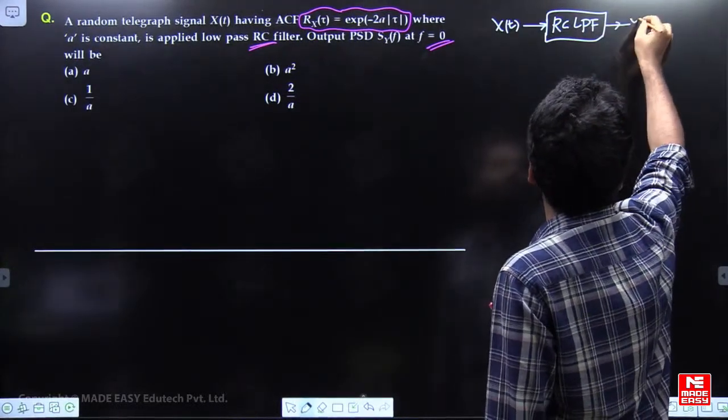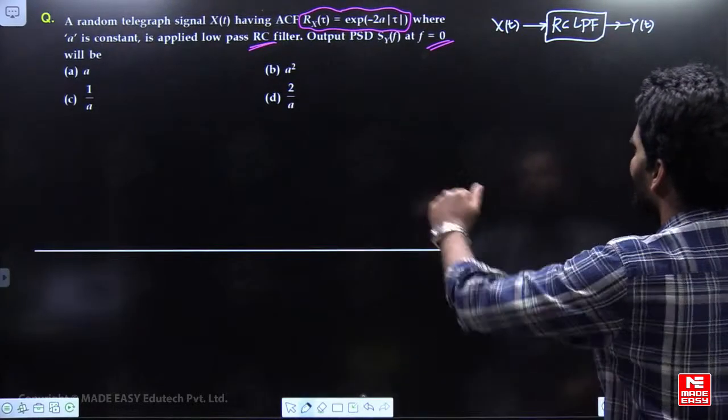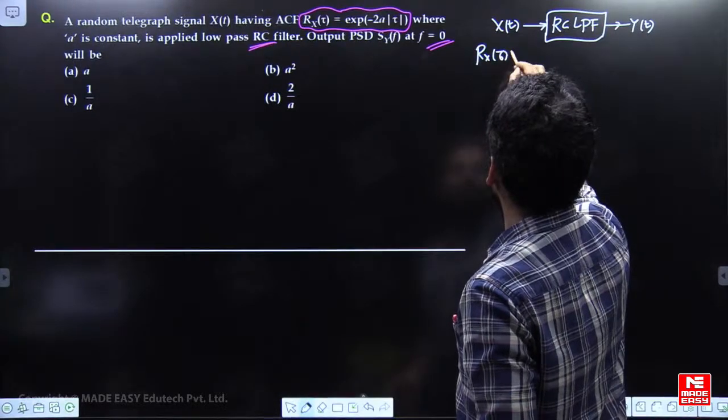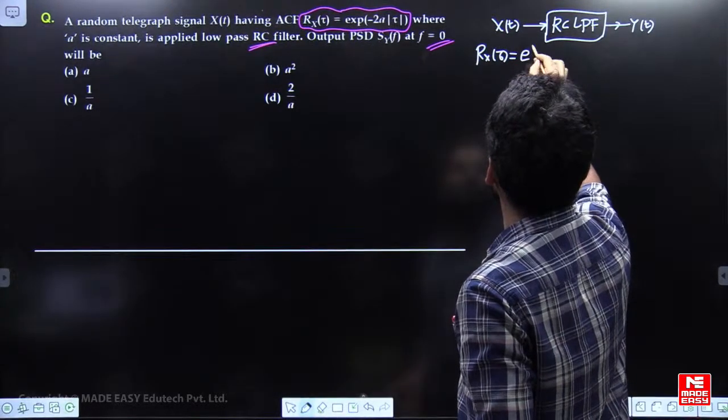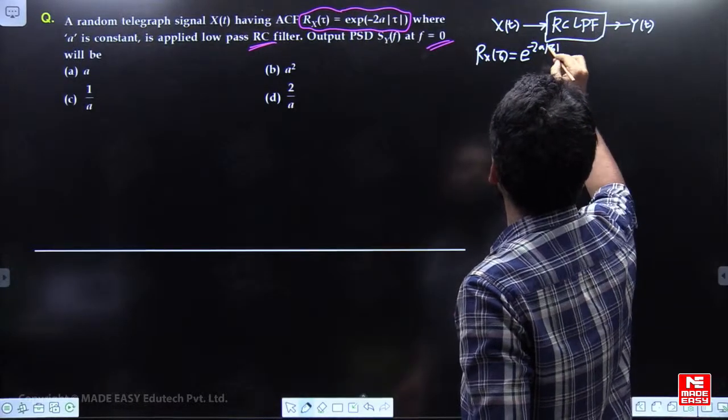Then the output random process I am taking as y(t). The ACF of x(t) is given, Rx(tau) is e power minus 2a mod tau.